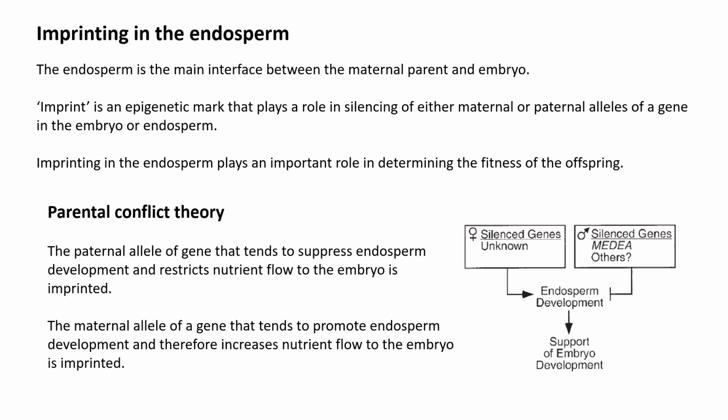About 100 imprinted genes are known in Arabidopsis and a majority are expressed in the endosperm. Let us now see the mechanism that leads to imprinting or silencing of specific genes of the maternal or paternal genomes.